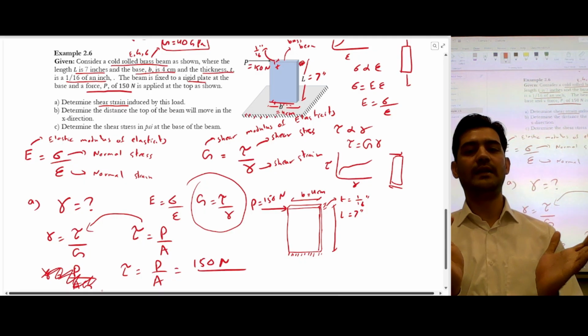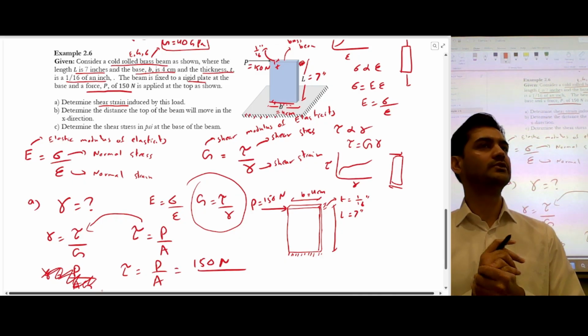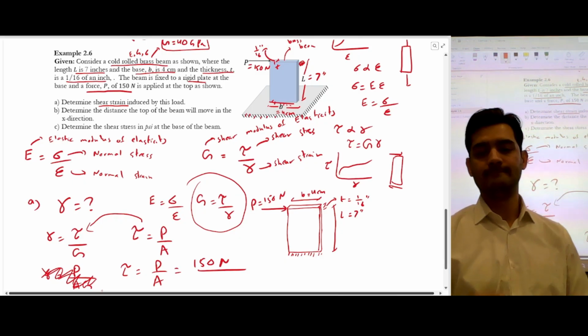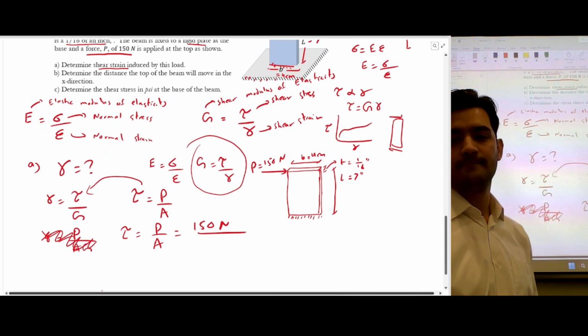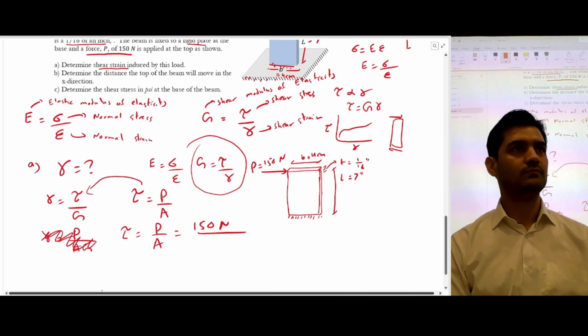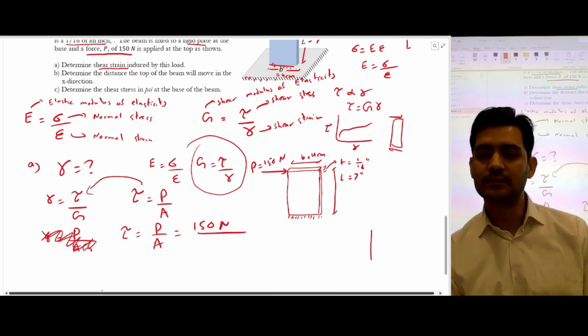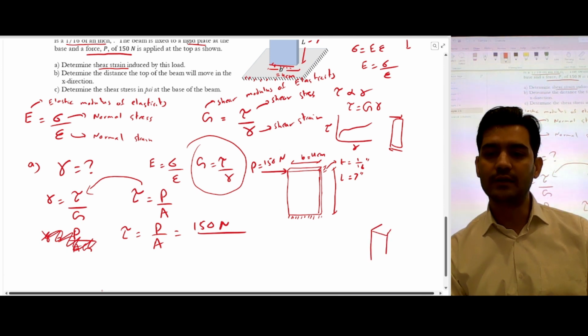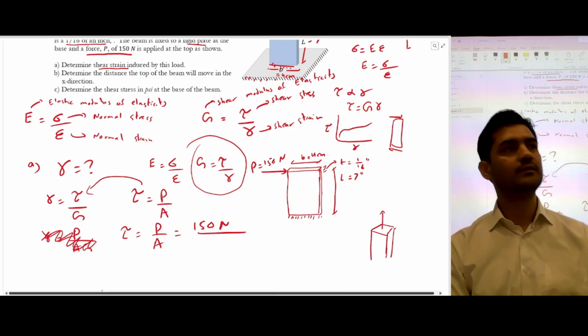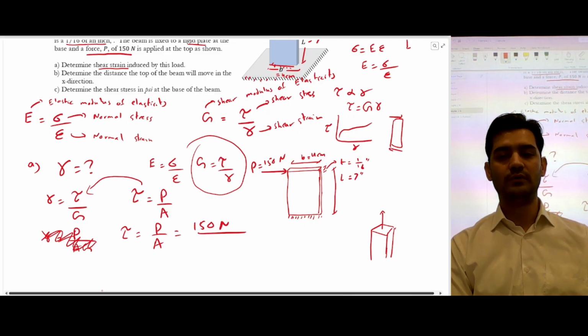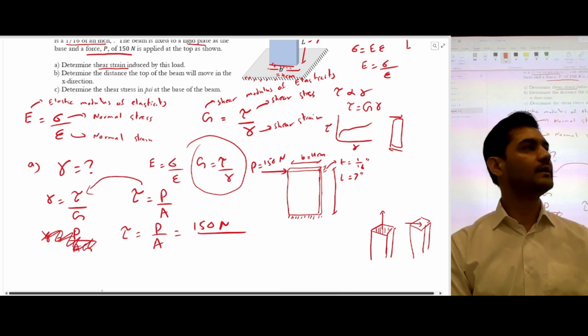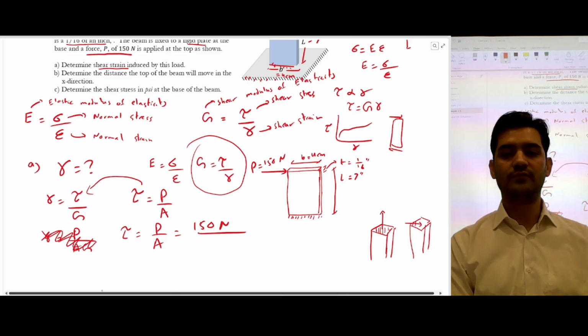If you can figure out the area here, then I think you can calculate the shear stress. So you can think what the area is. If you have a normal force being applied, we know this is the area of concern. If you have shear force being applied, that's the area of concern, right?